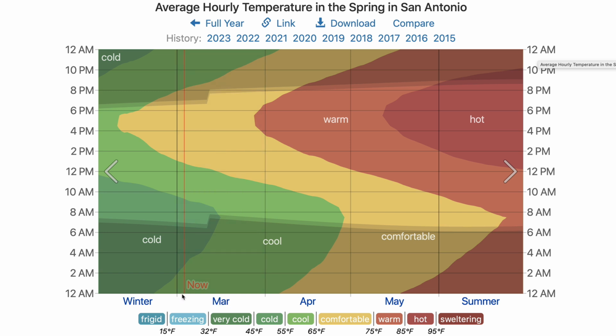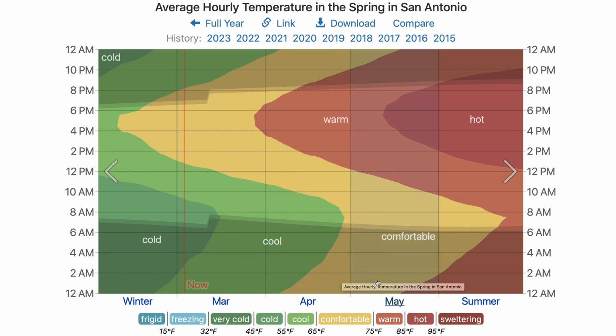On average, our last frost date is March 1, but we're not out of the potential of a freeze until about mid-March. It can absolutely happen up until mid-March. It has happened on record even into April. But typically, this graph is showing us an average of what the San Antonio temperature is like.